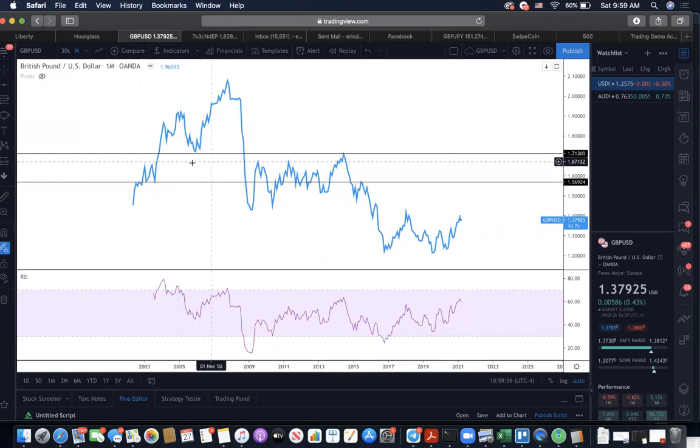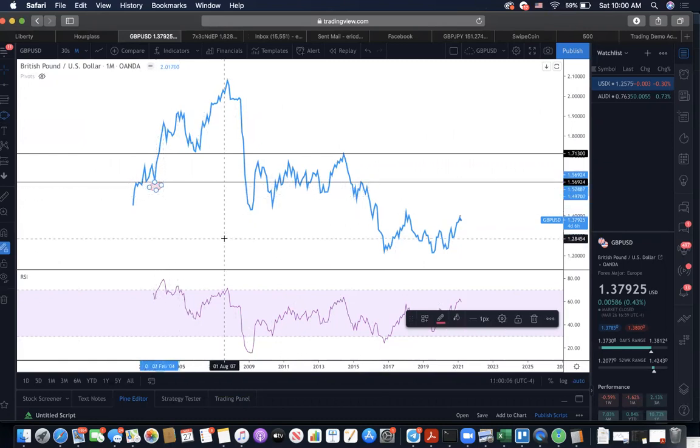I like rounding to the whole numbers, so we have 171,300 here. Price bounced off right there, and price bounced off right in here. There are also rejections as well.